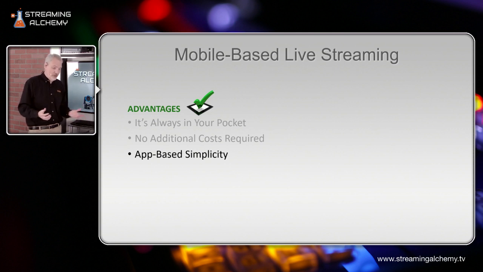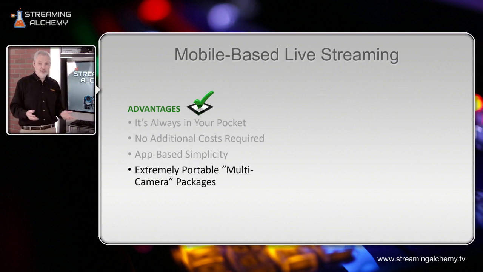The apps that are provided by most streaming provisioners, whether it's Livestream, Facebook, YouTube, whatever, they're very, very simple to use, as easy as using the camera itself in most cases. And that makes it easy, again, to jump in. No real additional extra cost and no real learning curve.